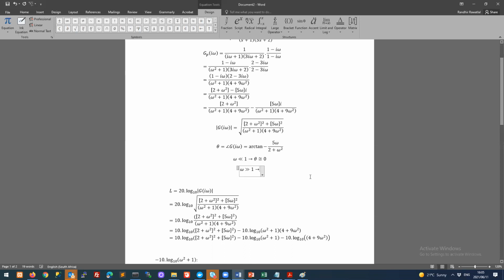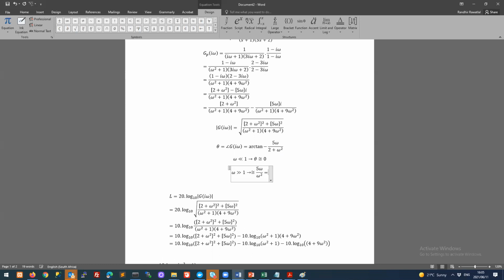So this is approximately 5 omega divided by omega squared, which is equal to 5 over omega. And as omega goes to large values, that's going to go to 0. So that will equal 0.